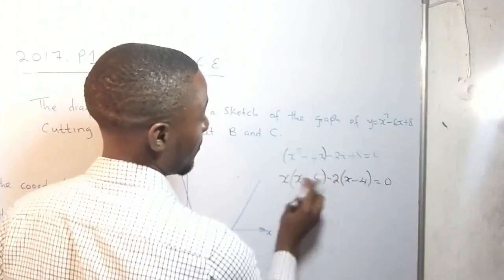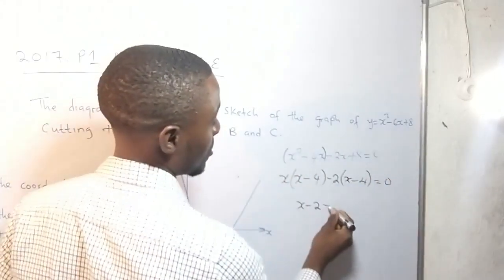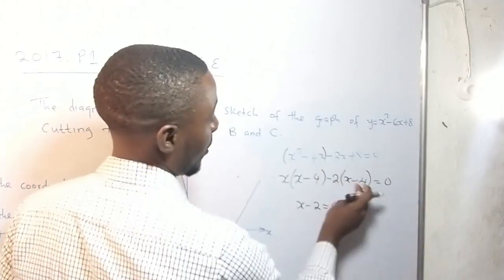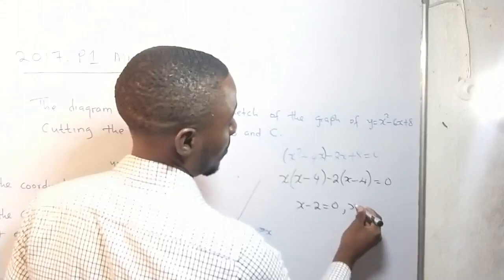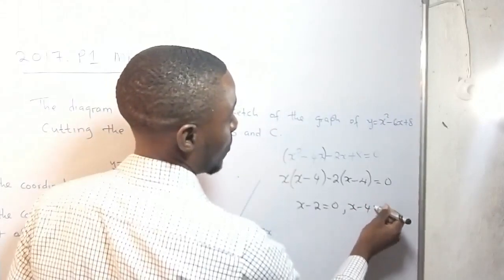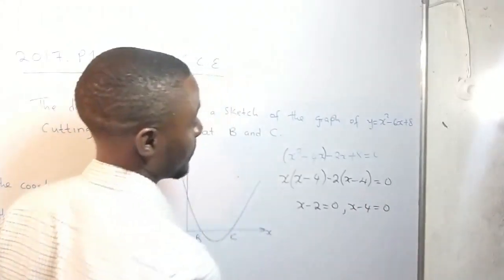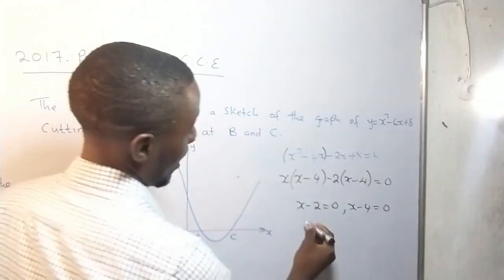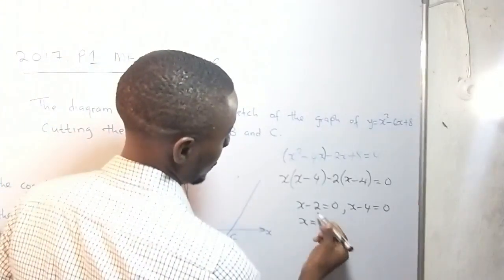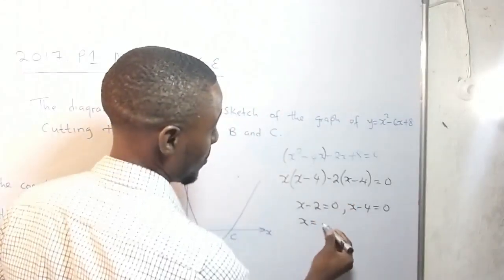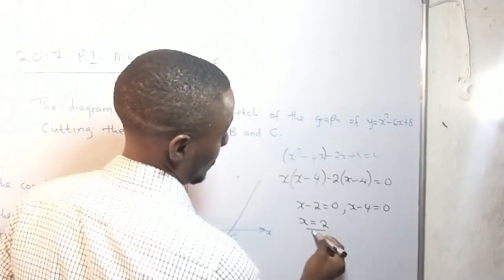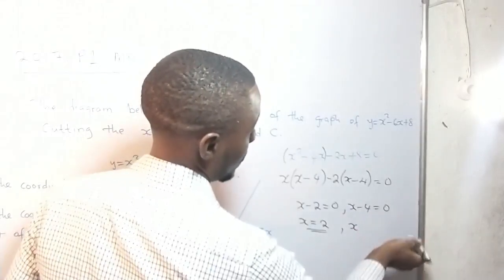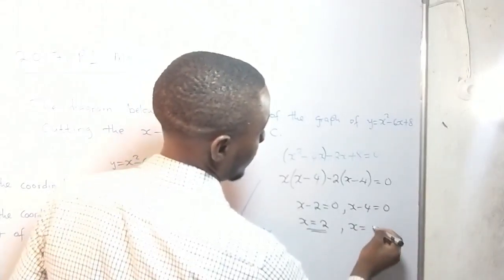So we equate what is outside to 0, as well as the common factor x minus 4 to 0. Then we look for the values of x. x is equal to 2, taking the negative 2 to the other side. As well, taking the negative 4 to the other side, we have a positive 4.